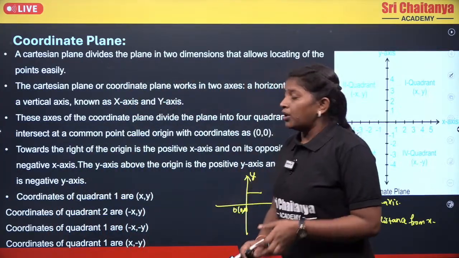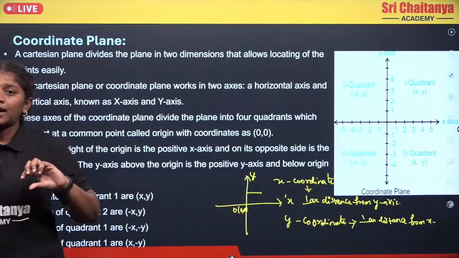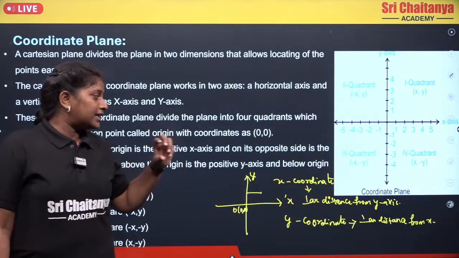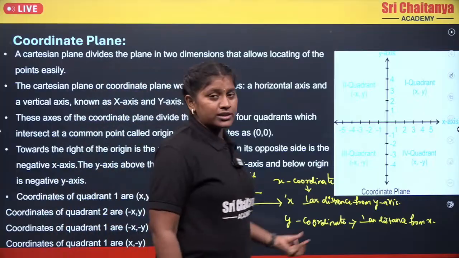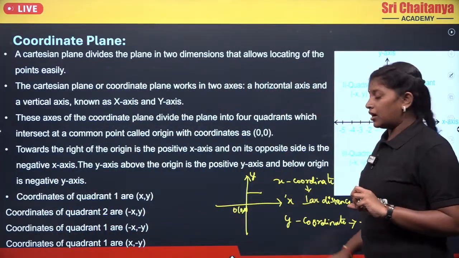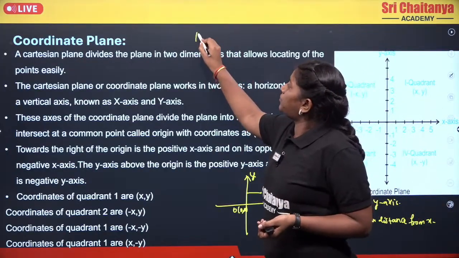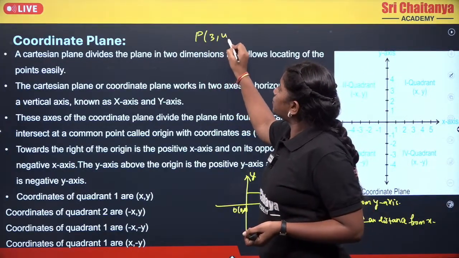Okay, now the two axes in a Cartesian plane intersect, and that point we call the origin, and the coordinates of the origin are 0 comma 0. Now I want to represent my P of 3 comma 4.